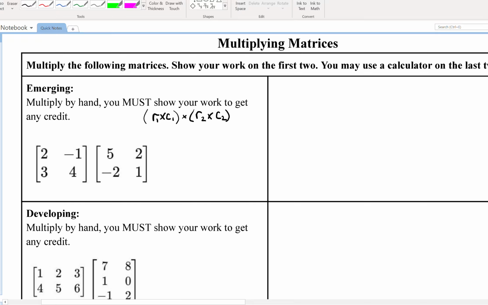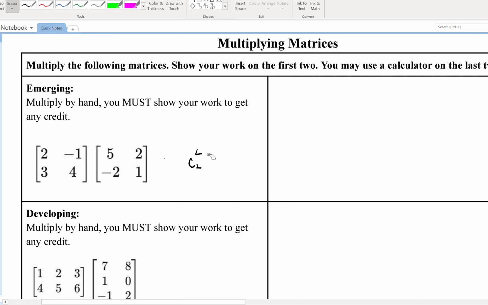It's always rows by columns. These two have to be equal. And your result will be whatever row 1 was by whatever column 2 is. And that's what you'll have.